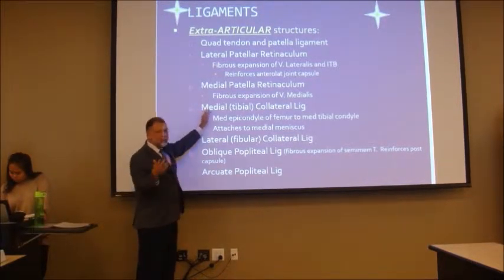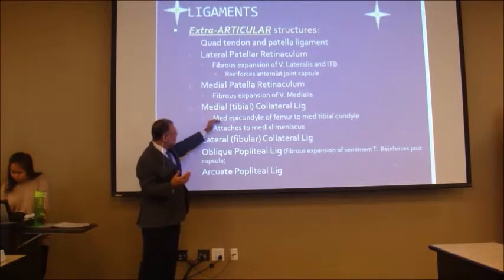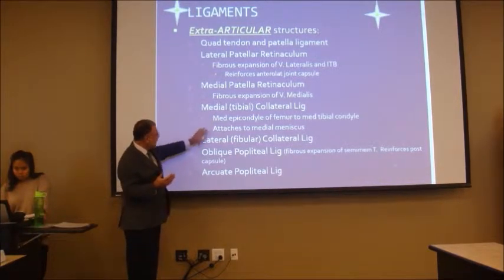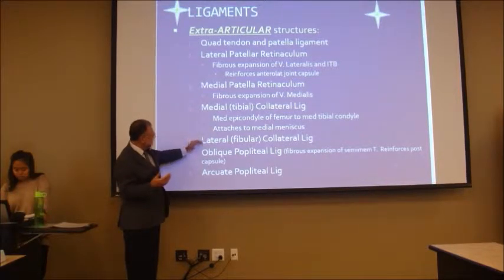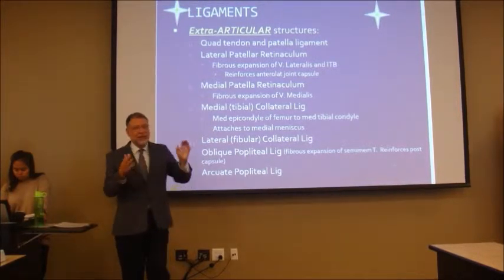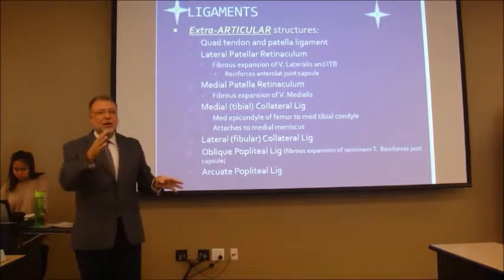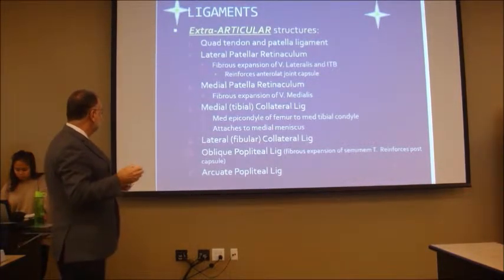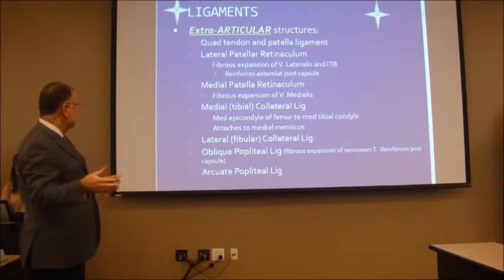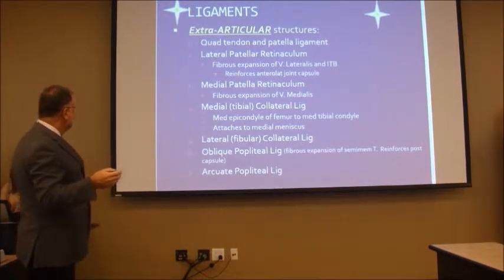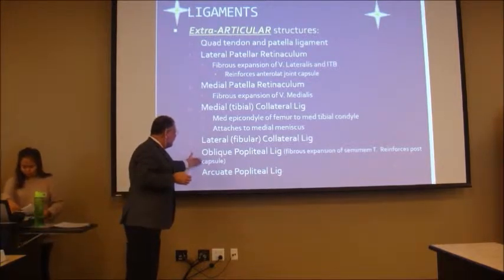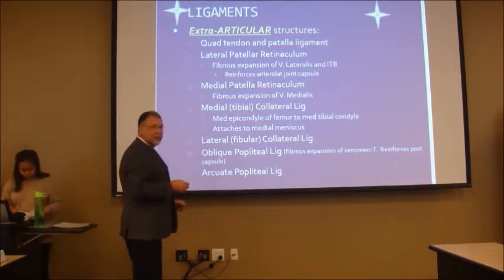The medial goes from the medial epicondyle of the femur to the medial tibial condyle, and attaches to the medial meniscus. And the lateral collateral fibular ligament attaches directly into the part of the lateral tibia, even into the fibula. The oblique popliteal ligament is basically for the capsule, and the arcuate popliteal ligament.